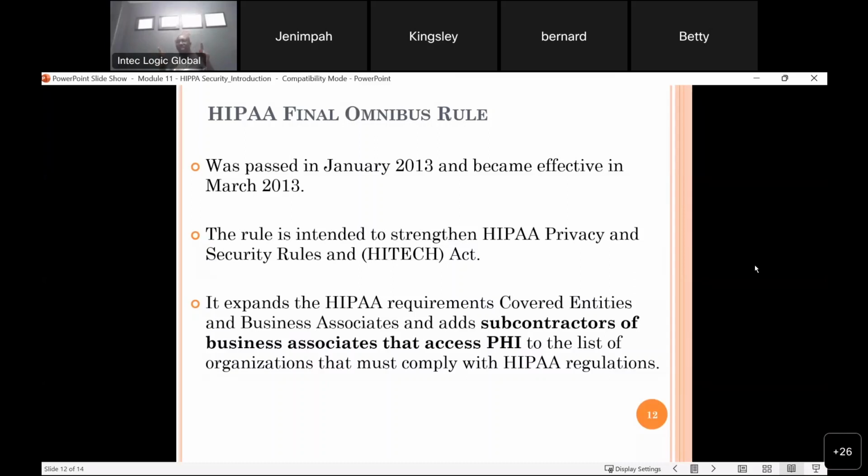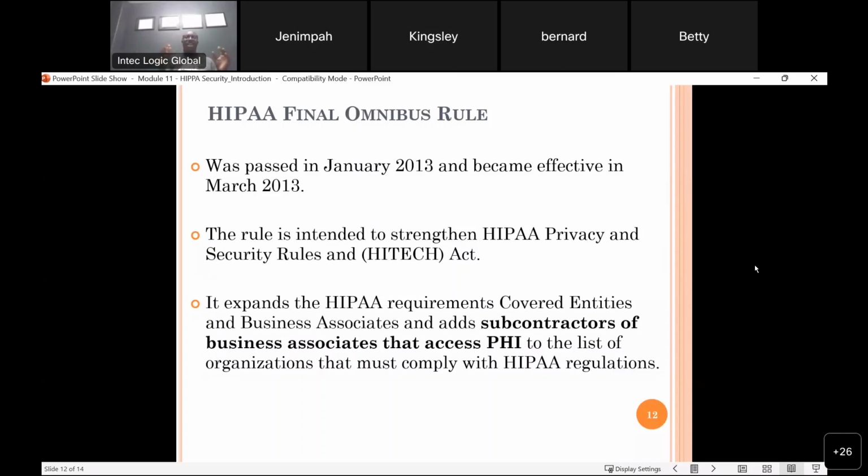Initially, it was between the covered entity and the business associate. But because the business associates are storing the data with their own subcontractors, they extended the law to them.